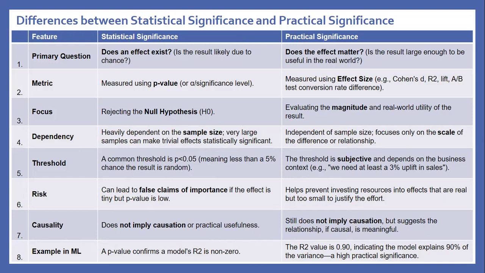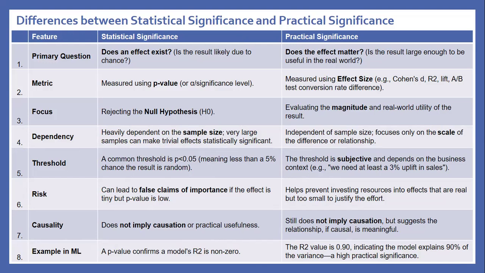Risk: statistical significance can lead to a false claim of importance if the effect is tiny but the p-value is low. Help: practical significance helps prevent investing resources into effects that are real but too small to justify the effort.